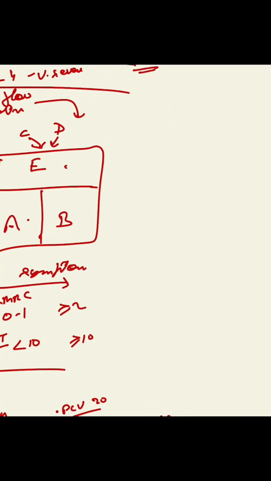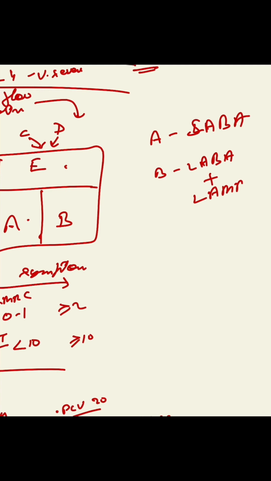For patients of category A, a short acting bronchodilator can be used, right? If the patient lies in B, LABA plus LAMA, that is long acting beta agonist plus long acting muscarinic antagonist, can be used, right?